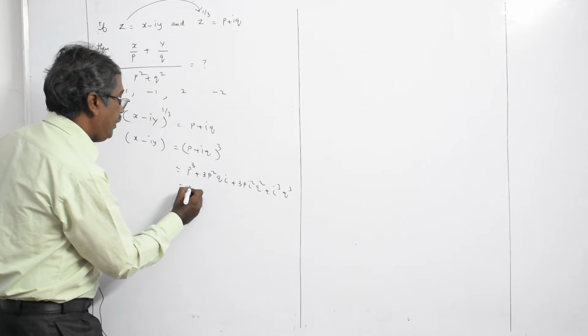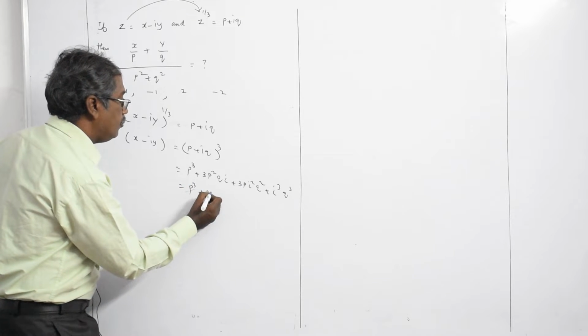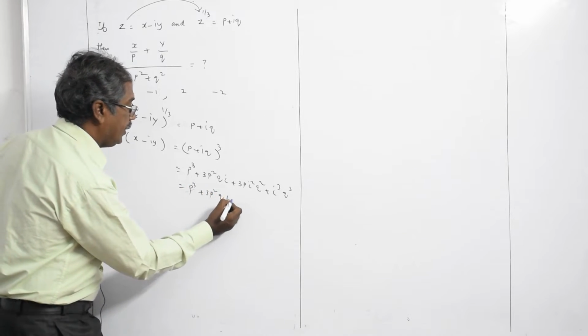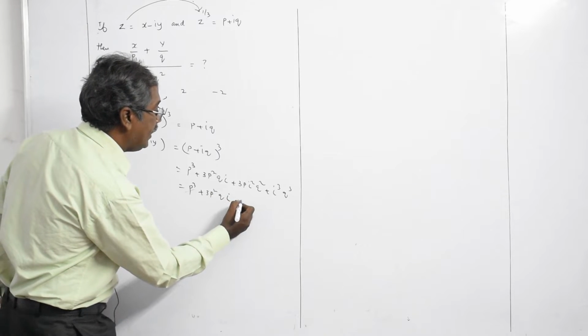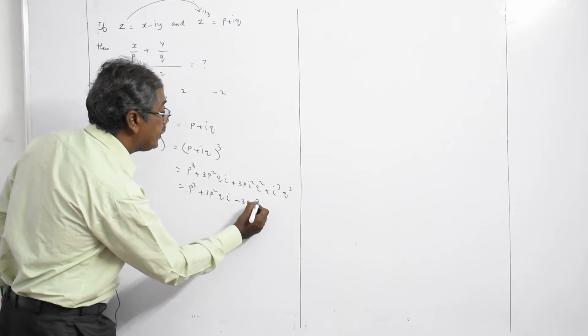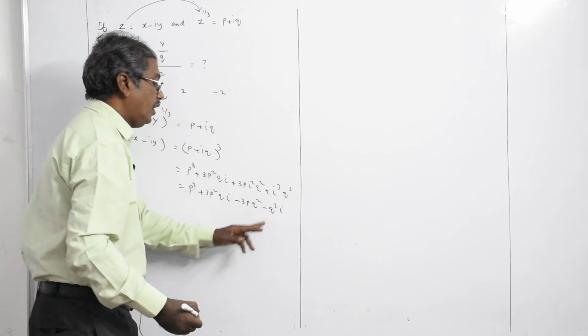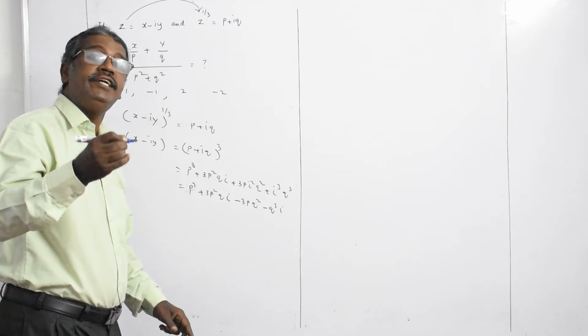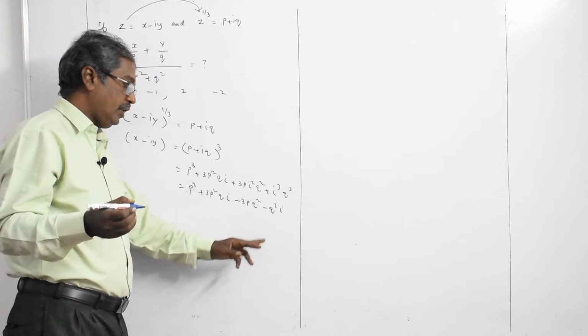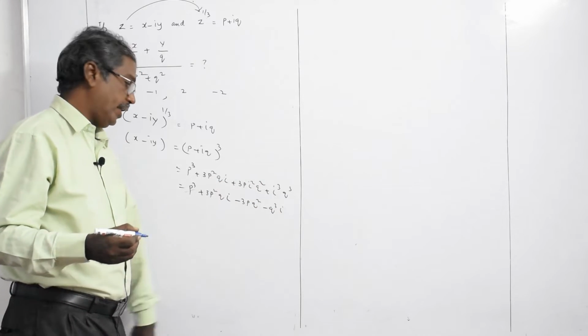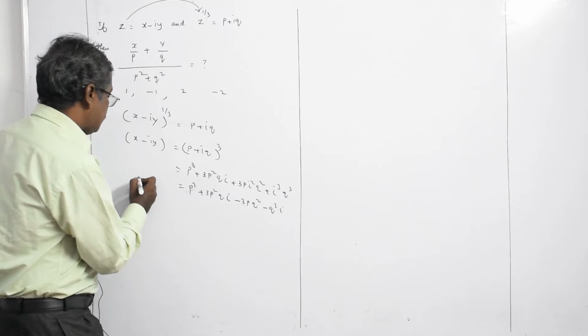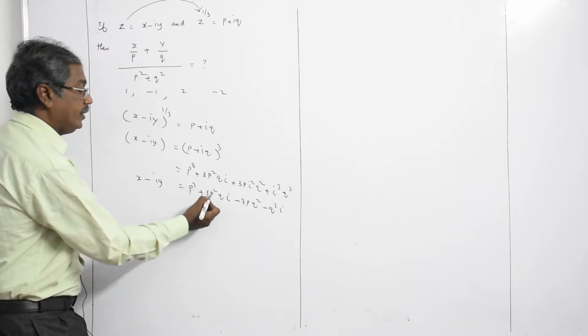This will become p cube plus 3 p square q i, and this will become minus 3 p q square. This will become minus q cube i, because i cube is nothing but i square into i, and i square is minus 1, minus into i is equal to minus i. So this will become x minus iy is equal to this much.